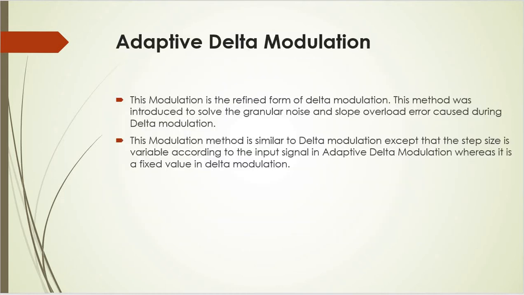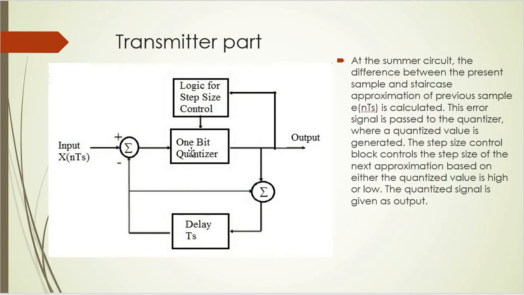This modulation is the refined form of delta modulation and is a kind of modulation system that solves granular noise and slope overload error. It is very similar to delta modulation except that the step size is a variable function according to the input signal amplitude. We will discuss the transmitter part.